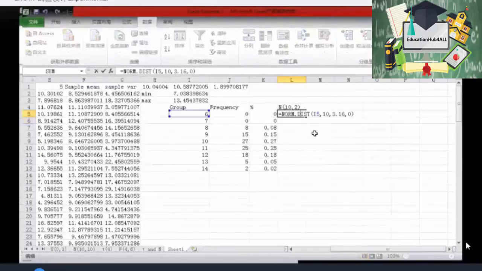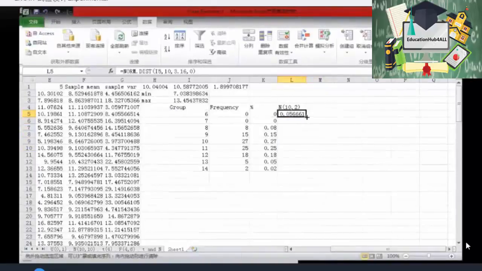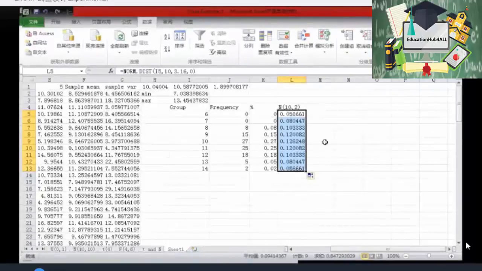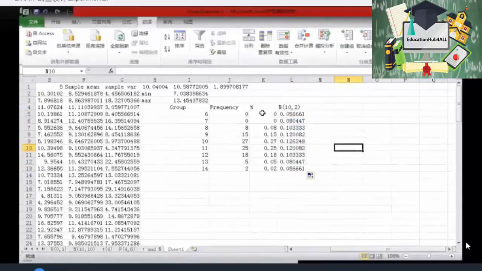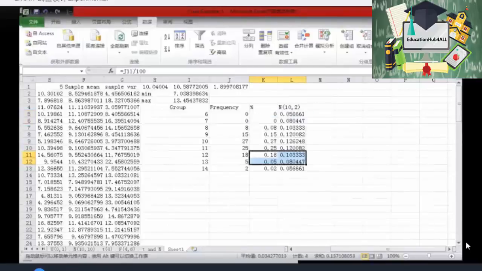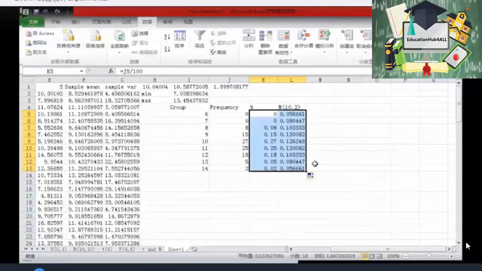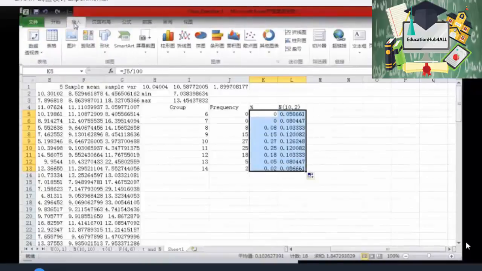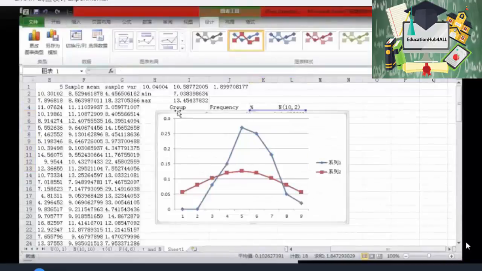Okay, then you just drag down. As you can see, it's not exactly the same, but maybe 100 is not large enough. Let's say if we want to draw these two lines together, we select insert.